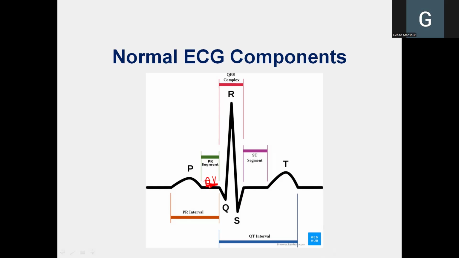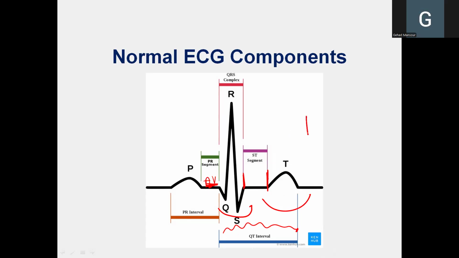across the atrioventricular node. The ST segment starts at the end of the S wave and ends at the beginning of ventricular repolarization, whereas the QT interval, which is more important, represents both ventricular depolarization and ventricular repolarization.